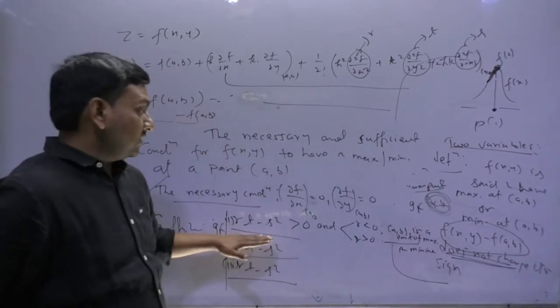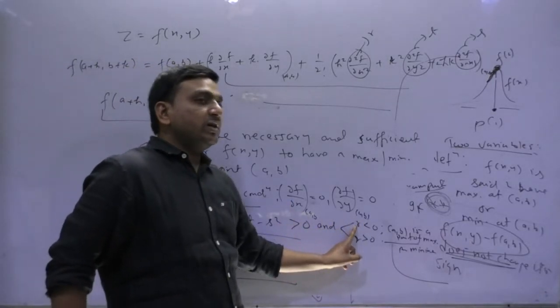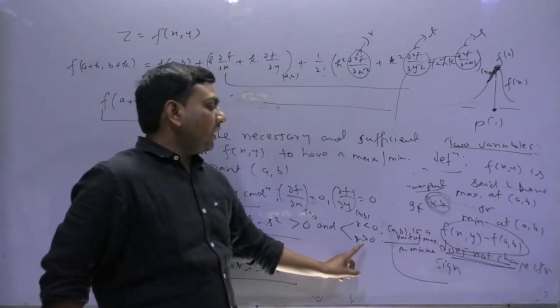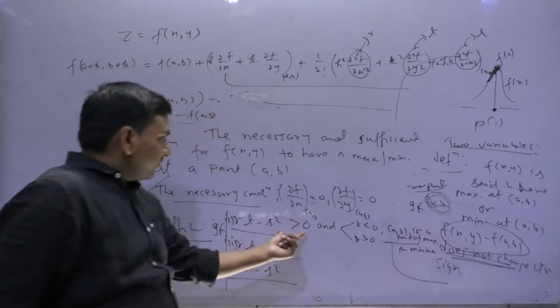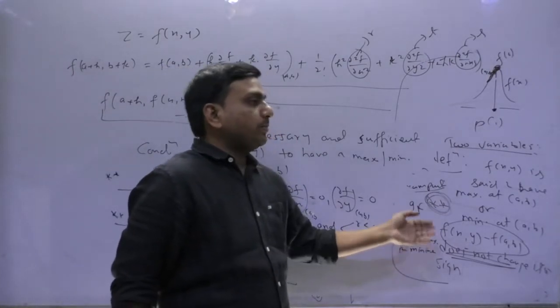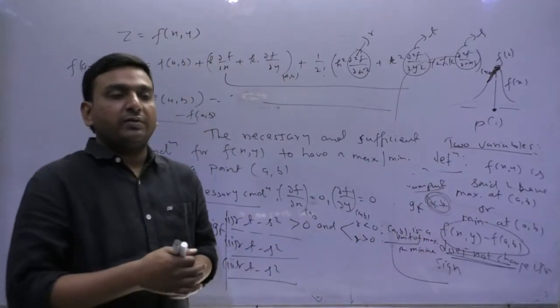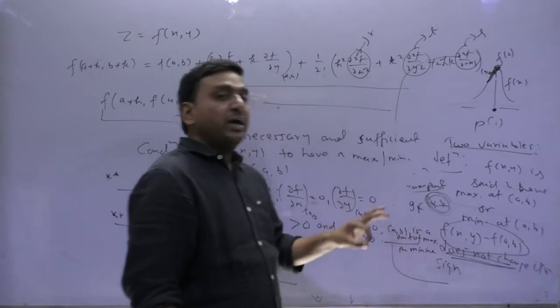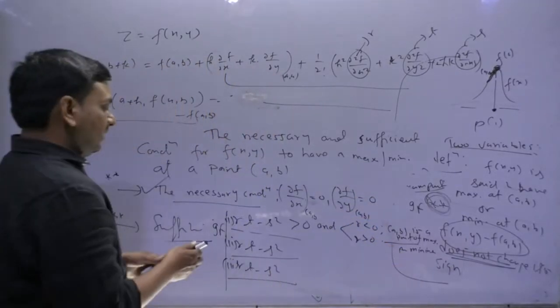If it comes out to be greater than 0, then further check whether r is less than 0 or r is greater than 0. If r is less than 0, then we will say this a comma b is a point of maxima, and the maximum value of the function will be given by f of a comma b. And for r greater than 0, it is a point of minima.